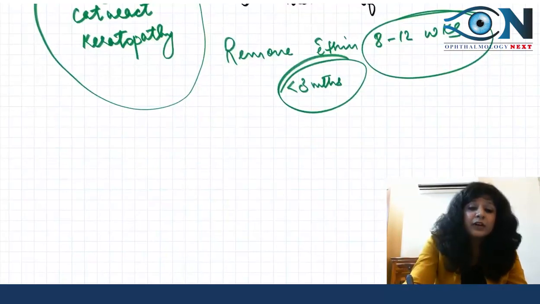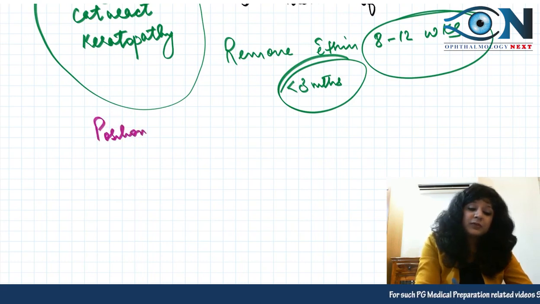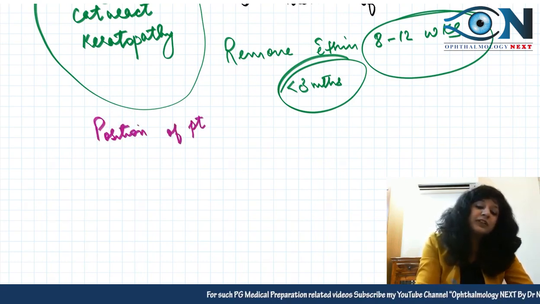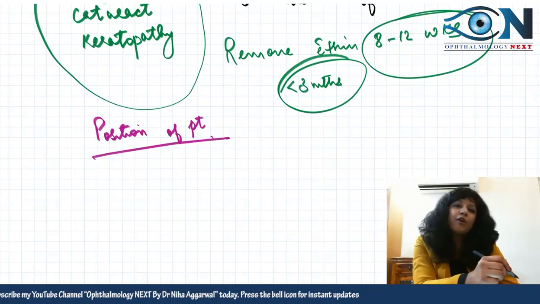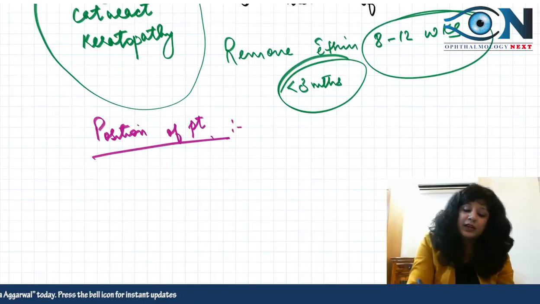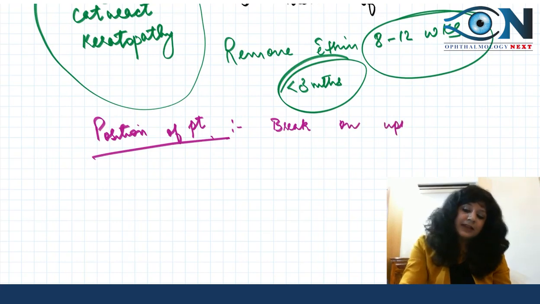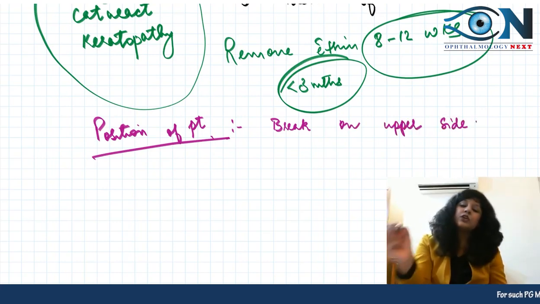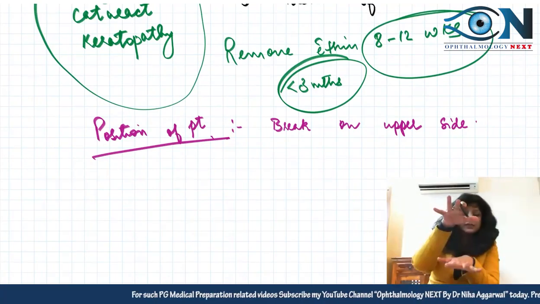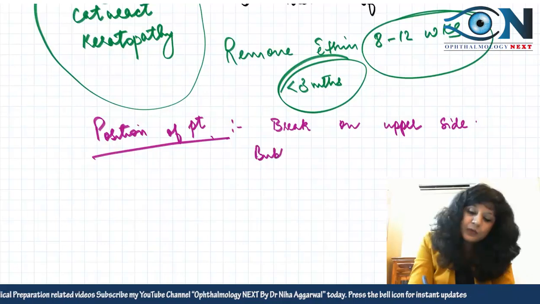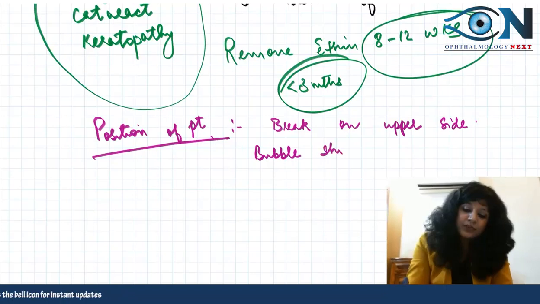Now another important thing is how to position the patient. Position of the patient after the surgery should always be taken care of in order to keep the break on the upper or superior side. The position should be such that the break is on the upper side, and the bubble that you are leaving, by the oil or by the gas, should oppose it.